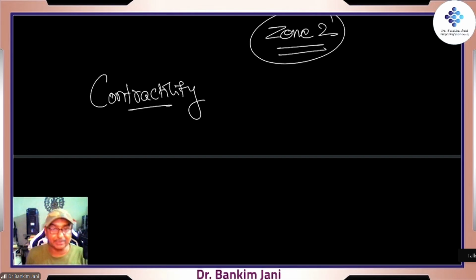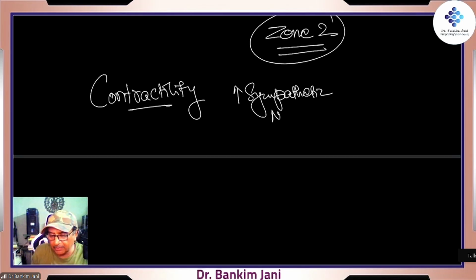So contractility, the heart has to pump fast, right? The heart has to beat fast whenever there is increased sympathetic nervous system stimulation, right? So there is increased contractility because it is neurotransmitter based. So nothing new.